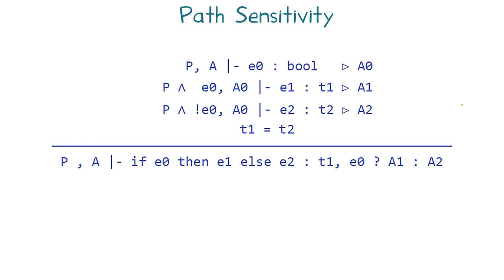Recall that for the statement if E0 then E1 else E2, our analysis doesn't consider whether E0 is true or false. This leads to situations where dead code, that is, if E0 is always true or always false, can cause the program to fail to type check, or to a situation where the type system rejects a program that would have ill-defined behavior on a path that is logically impossible to take through the code.